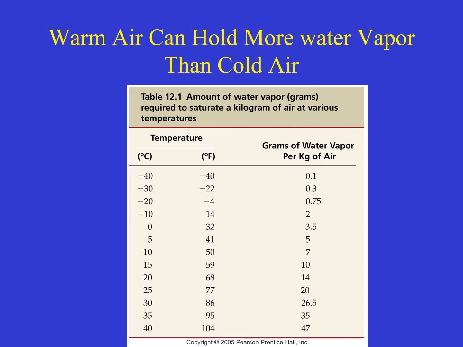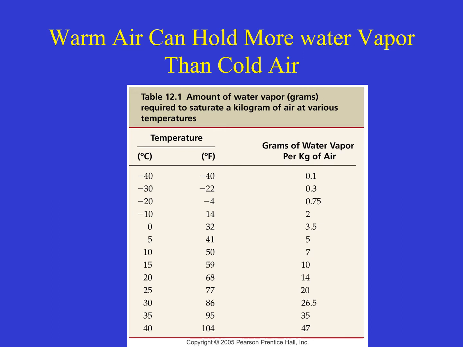That freezing air mass can only hold 3.5 grams per kilogram water vapor. How about 77 degrees, which is a very nice temperature to be walking around outside. That air mass is warmer and can now hold 20 grams water vapor for every kilogram of air.